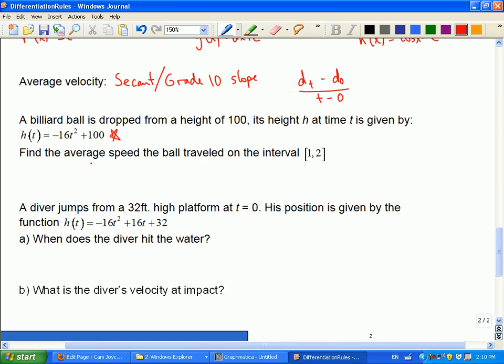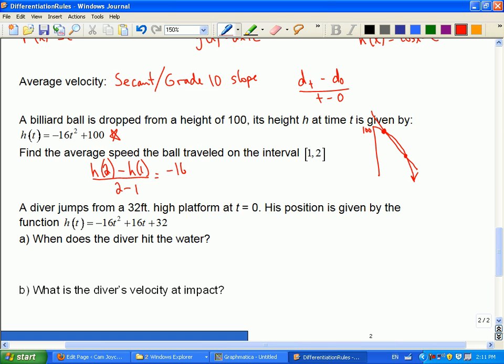So this would be the height at time 2 minus the height at time 1 over time 2 minus time 1. So if we were to look at that ball falling, here's 100 feet, and the ball is falling down, then we would take its height at those two times, and we would measure out what was the rate of change there. That'll give us the average rate of change for that ball.